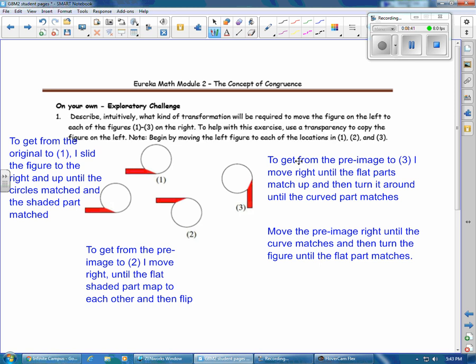And to get to the third one, to get from the pre-image to number 3, I moved right until the flat parts match up, and then I turned it around until the curved part matches. Or you could move the pre-image right until the curved part matches, and then turn until the flat part matches. So this is an either or. You don't have to write both of those down.